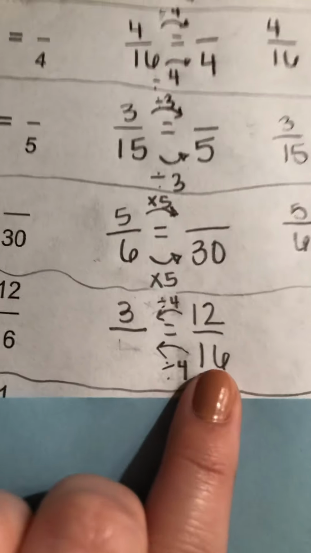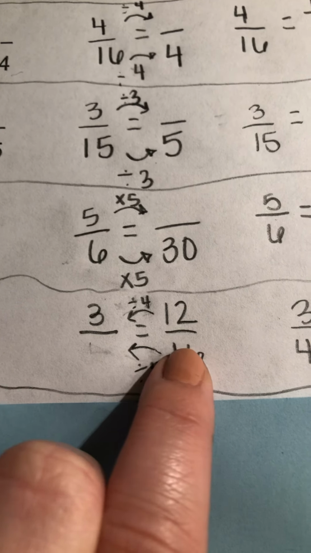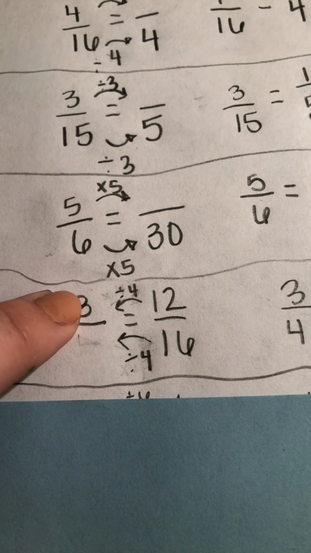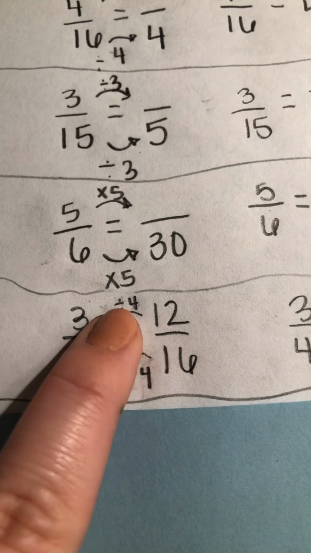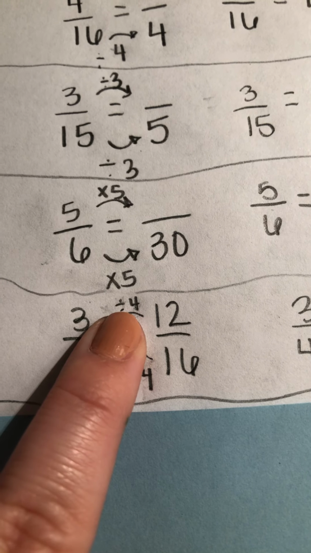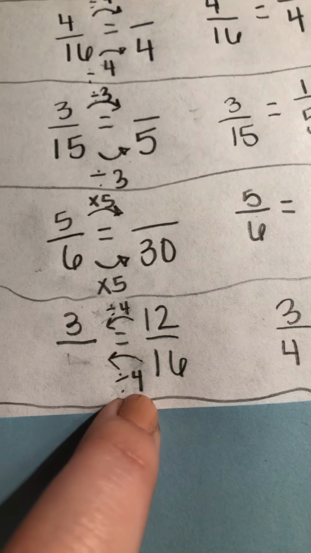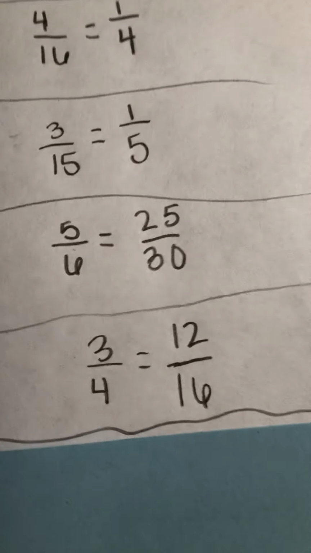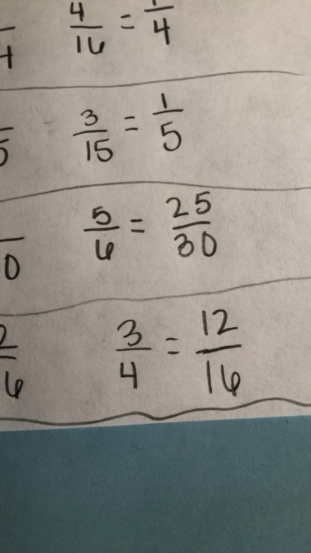Doesn't necessarily mean that this fraction is bigger, but I'm looking at just the numerator and the denominator. Those numbers, though, 12 is larger than 3. So 12 divided by 4 equals 3. And whatever I do to the top, I have to do to the bottom. And 16 can go into 4 times. So we have 3/4 equals 12/16.